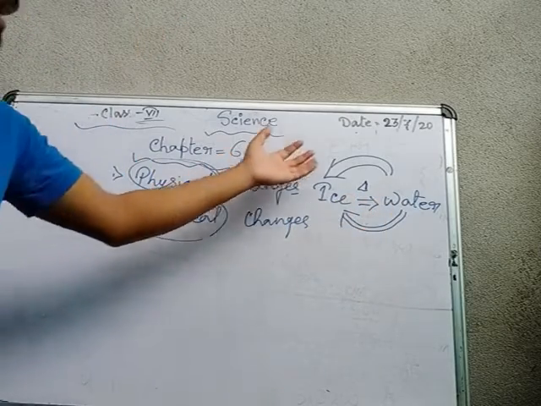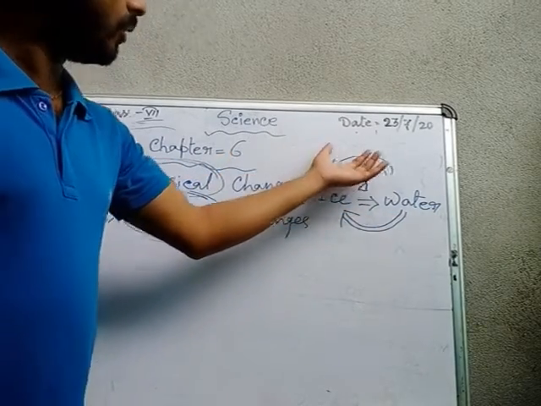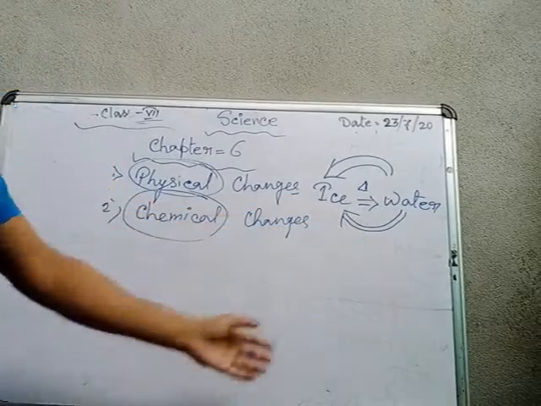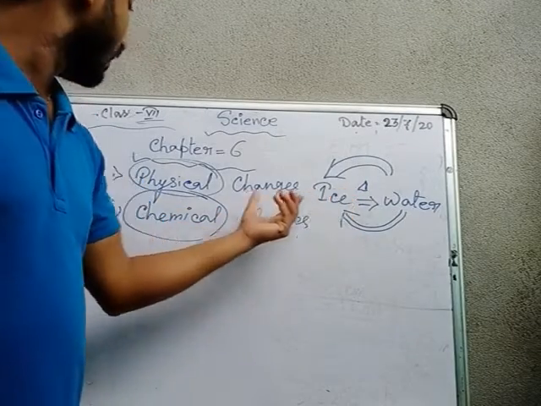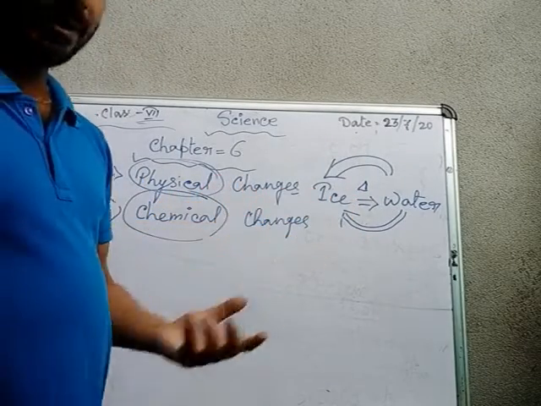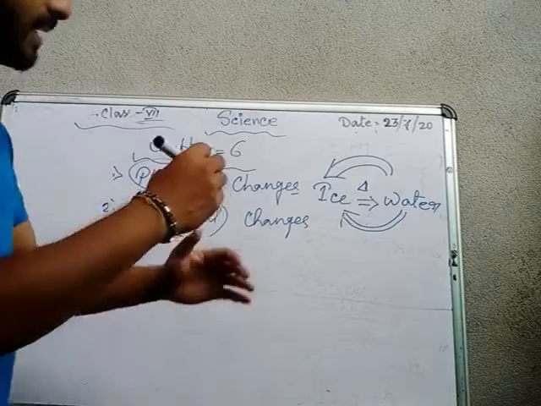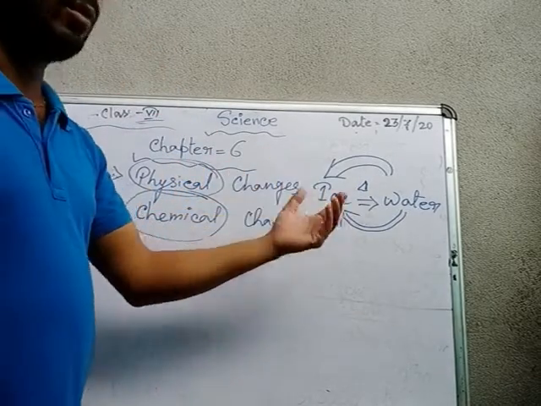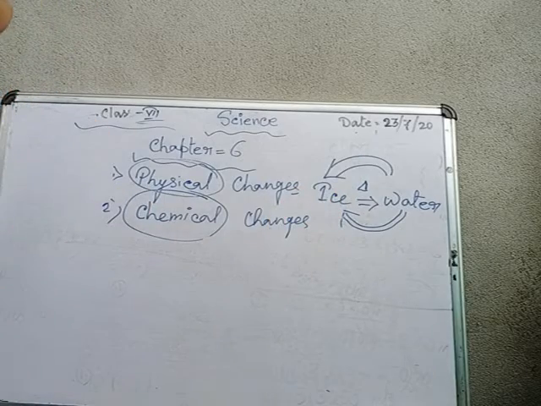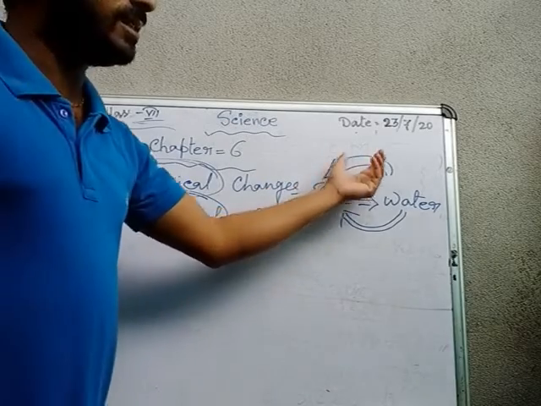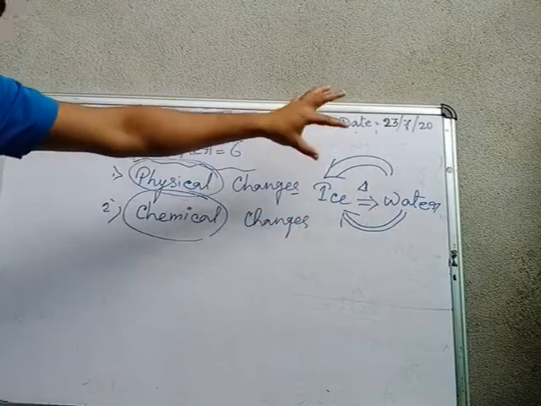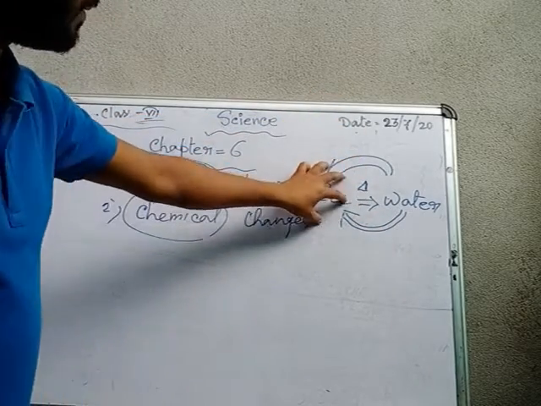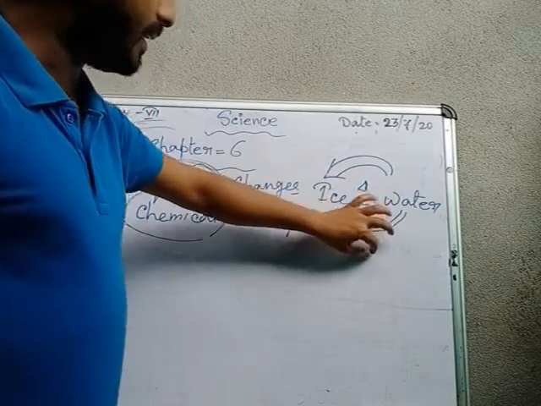That means it is a reversible change. It goes back and comes back to the previous stage. It is a physical change. Do you understand? The changes are reversible, physical or external, and also temporary. That means we can get the previous stage again.